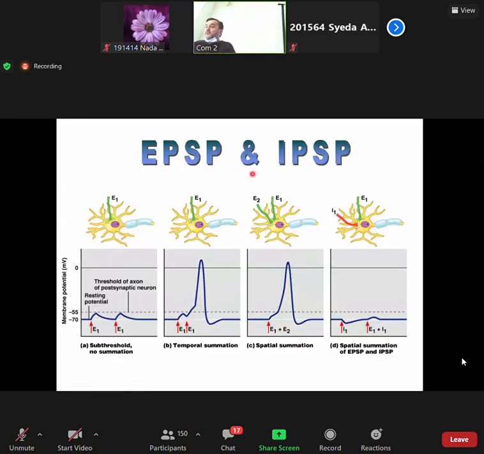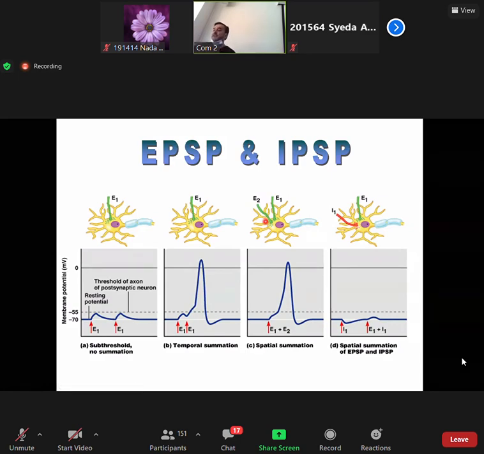Now we have EPSPs and IPSPs together. So if the excitation is subthreshold, then there would be no excitation. If there are two excitations coming at the same time, there is temporal summation. Spatial summation is when the excitation is coming to the same neuron but at different places.